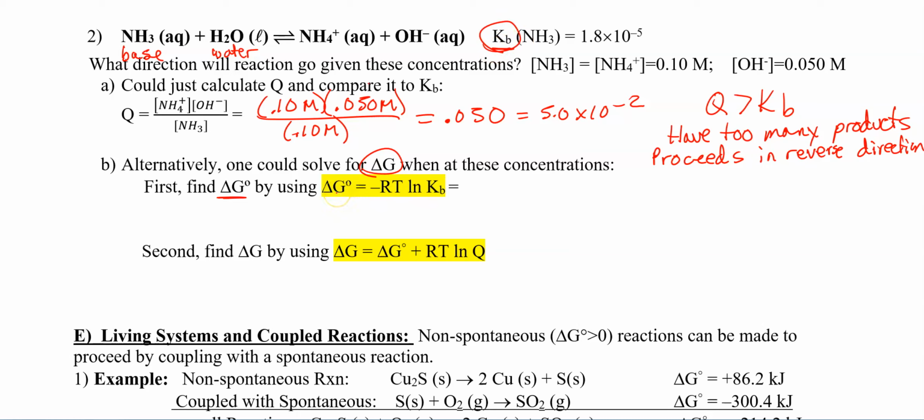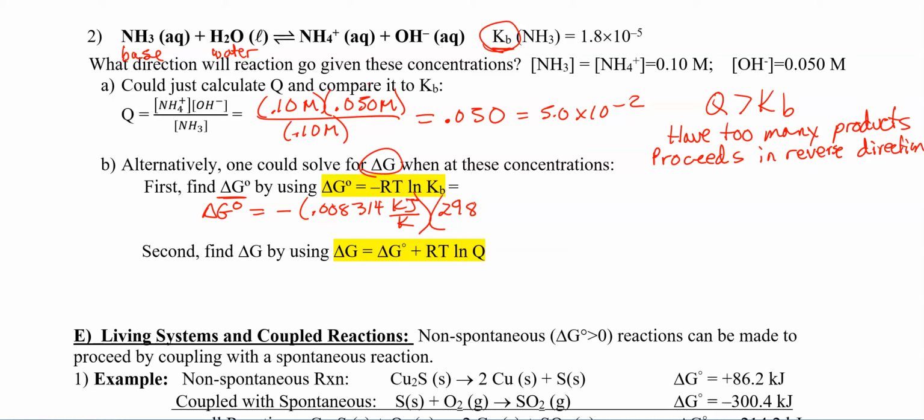So in this case, we have negative, I'm just going to plug it in here. Delta G naught is going to be negative. Again, I'm going to use the 0.008314 kilojoules per joule. Again, there's per mole there too. The temperature, we're at 298.